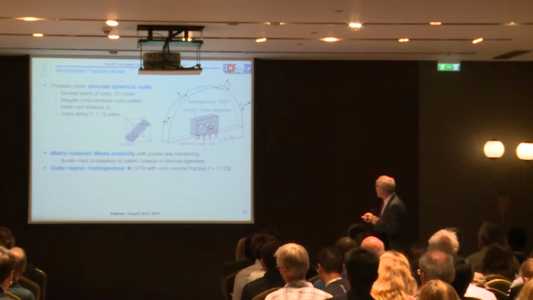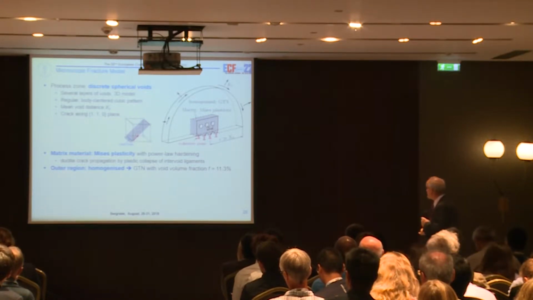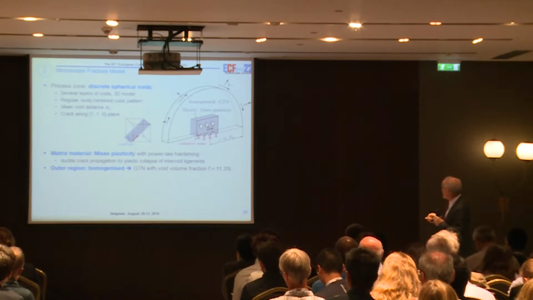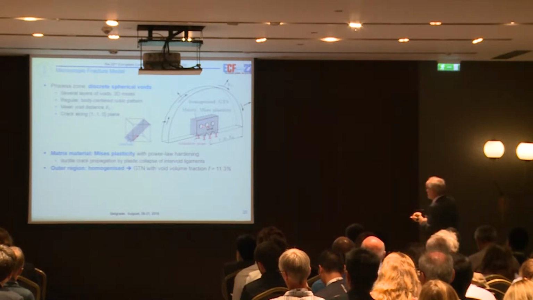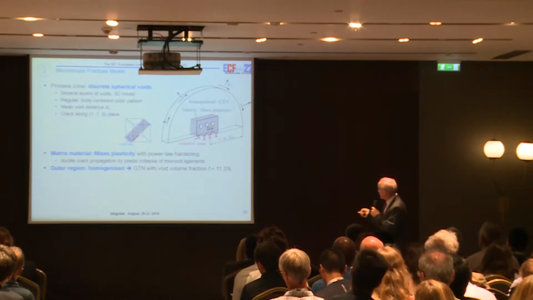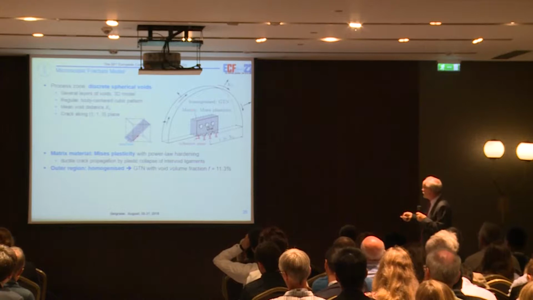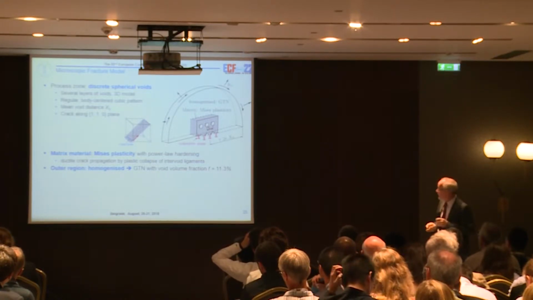We arrange the voids in a cubic body-centered manner, and this is the softest plane, so we assume that the crack growth will go along the 1-1-0 plane. But this process zone is much smaller than our outer region, it's a factor of 10,000. I cannot draw it here. And around the process zone, we assume Mises plasticity, no damage. So this is our discrete process zone, and to take into account the porosity in the outer region, we use the Gurson-Tvergaard-Needleman model.